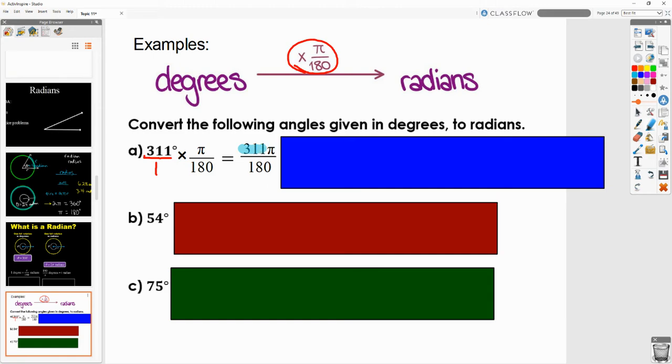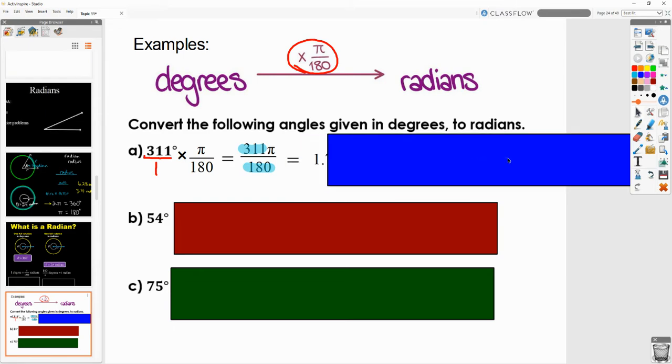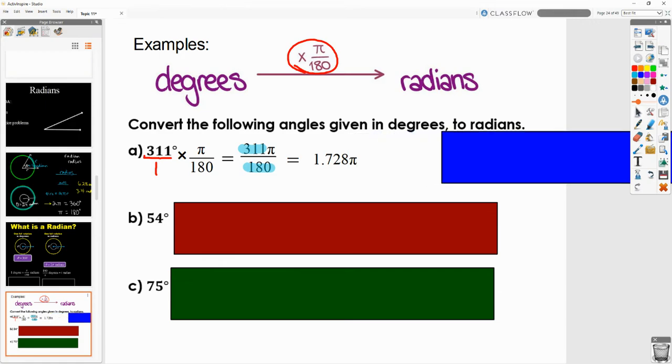We're going to divide 311 divided by 180. But we're going to leave pi alone. So when we divide 311 by 180, we get 1.728. And then we just have that pi attached to it there at the end. And that's it. Okay, so 311 degrees equals 1.728 times pi is the number of radians.